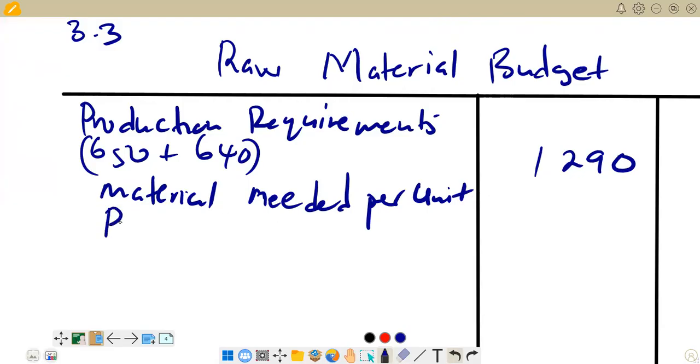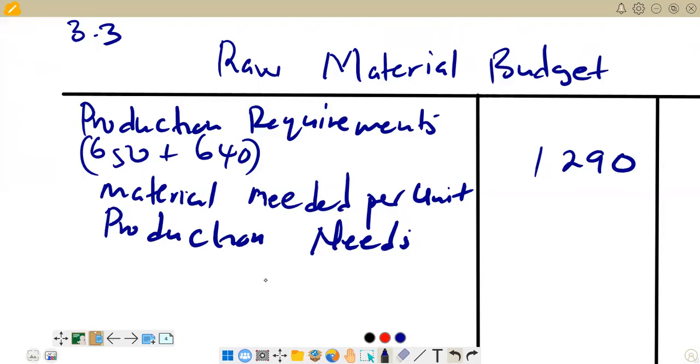So the figure that is going to come here is the production needs. Basically, we want to see the material that is needed per unit. And remember, these are 1,290 units. So we multiply by the material needed per unit so that we get the production needs.